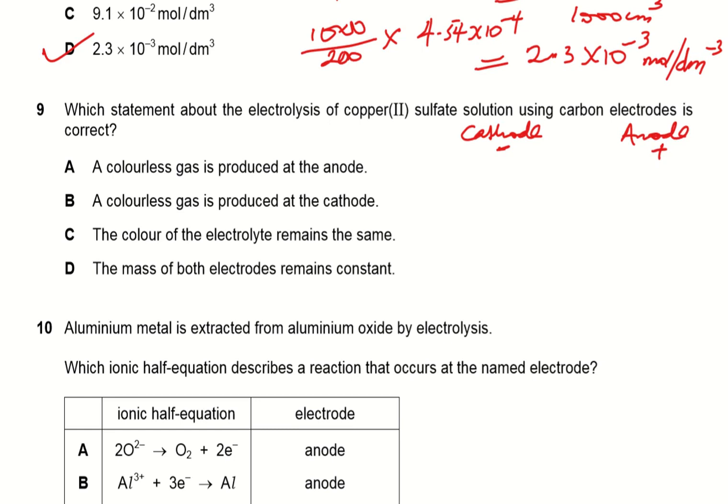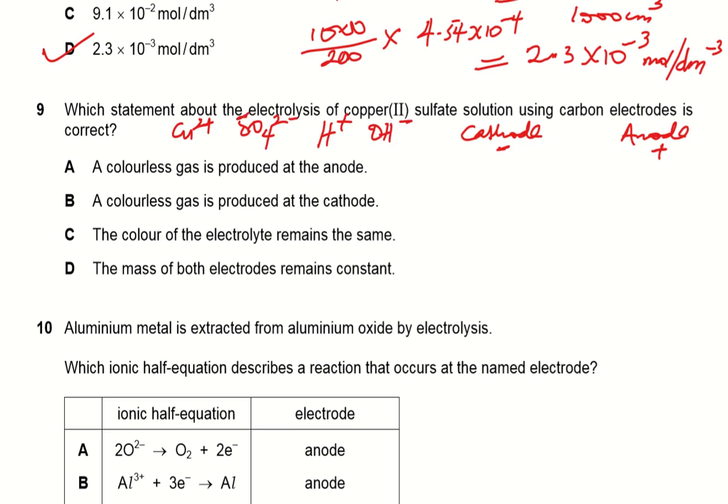So in the electrolysis of copper sulfate, we have 4 ions there. We have copper ions, sulfate ions, then from water we have hydrogen ions and what? Hydroxide ions. These are the 4 ions that will be present there.